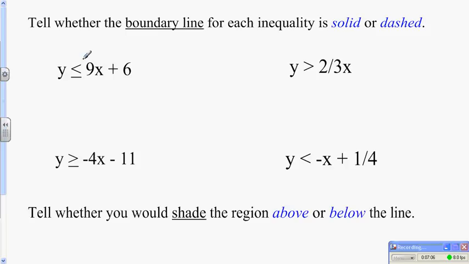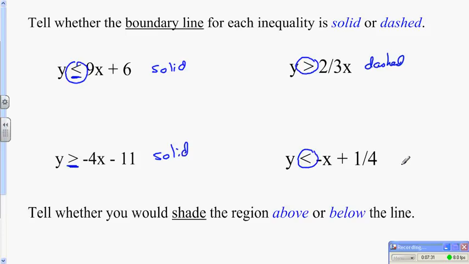Let's look real quick here at this and ask ourselves, would you have a dotted line, a dashed line, or a solid line? Line underneath it? Solid. No line underneath it? Dashed. Line underneath it? Solid. No line underneath it? Dashed. Now say if we were going to shade above or below.